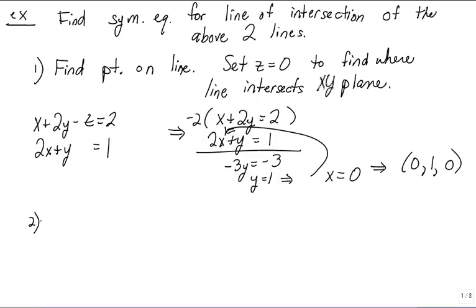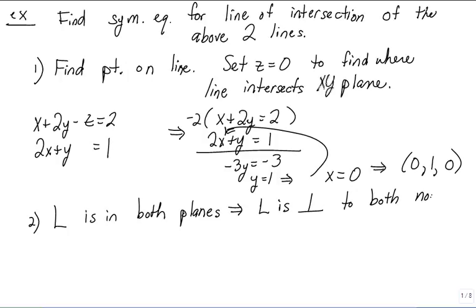Well, the line has to lie in both planes. I'll call it line L, in both planes because it's the intersection line. And L is orthogonal to both normal vectors. Remember, the normal vectors are orthogonal to the planes, so if it's orthogonal to something that's orthogonal, it has to be flat, or in that plane.